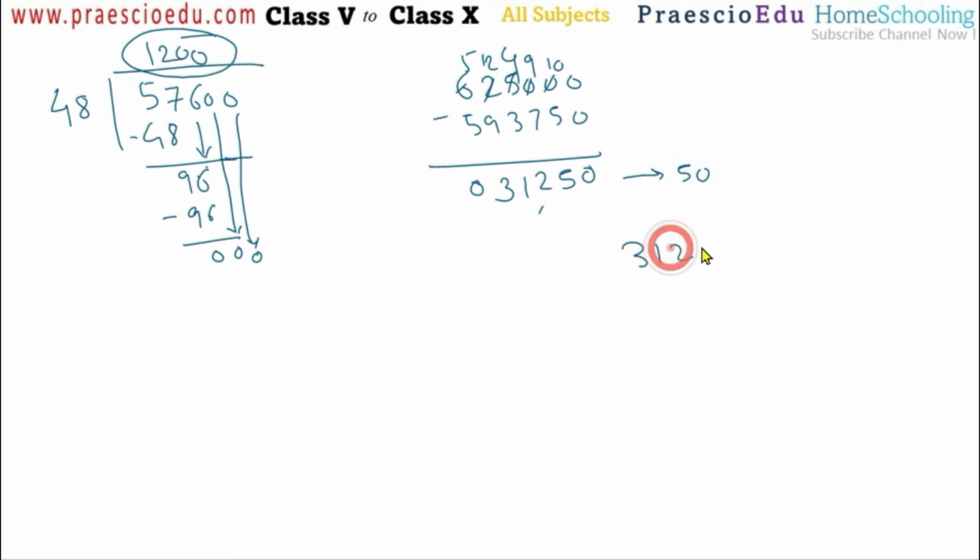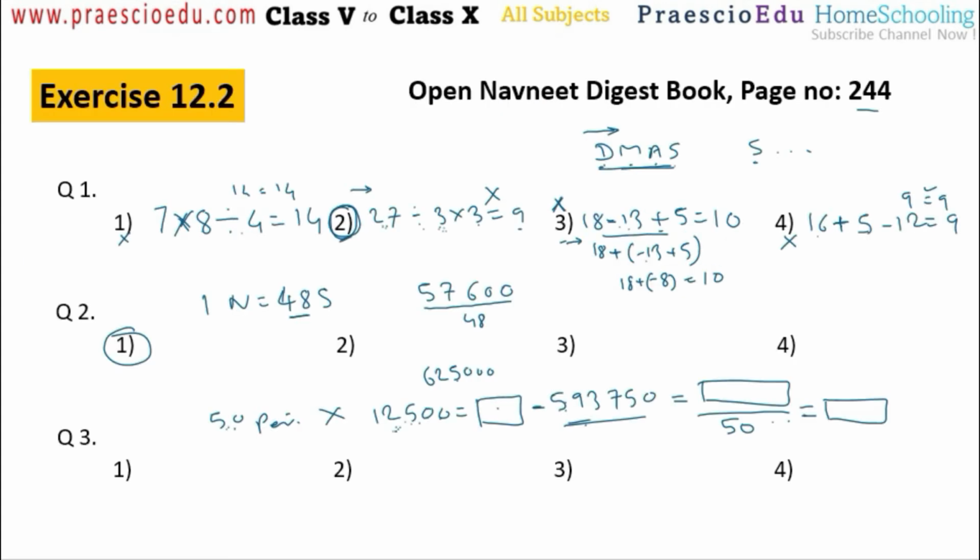So 31,250 divided by 50. So this 0 gone, 0 gone. 5 ones are 5, 5 sixes are 30, 1 balance 12, 5 twos are 10, 2 balance 25, so 5 fives are 25. So 625 rupees will go to each person, and this is given in option number 3.